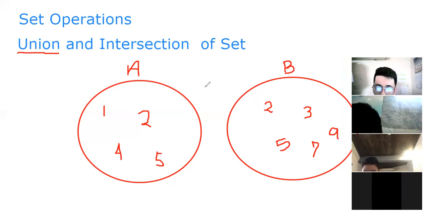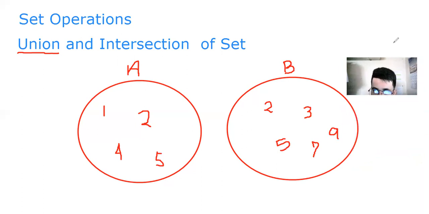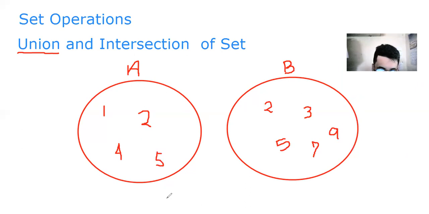When we say union, we're going to write it like this: A, then you're going to draw U, then B, okay? So this symbol U will be our symbol for union.